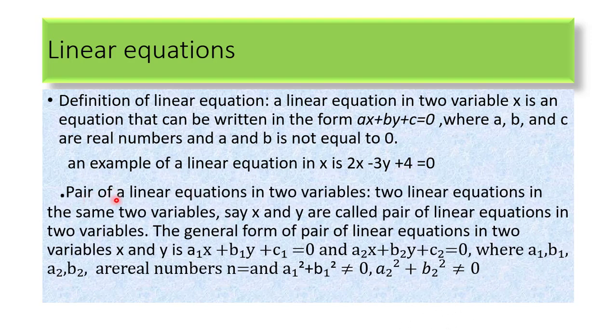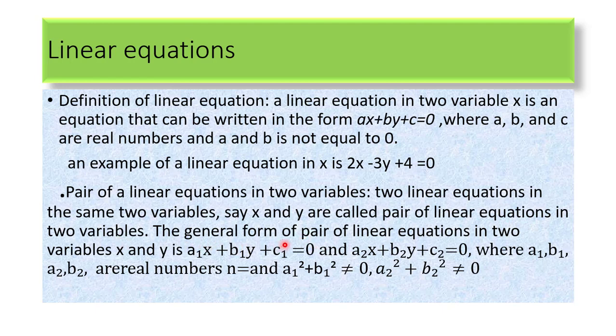Then next, pair of a linear equation in two variables. Two linear equations in the same two variables, say x and y, are called pair of linear equation in two variables.